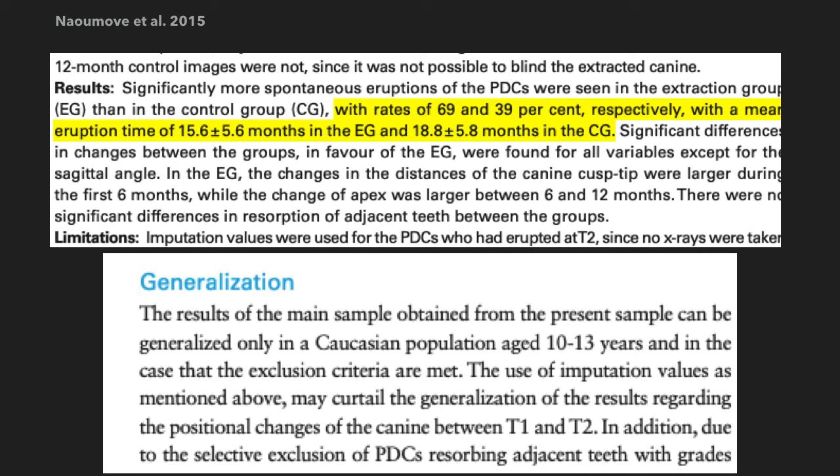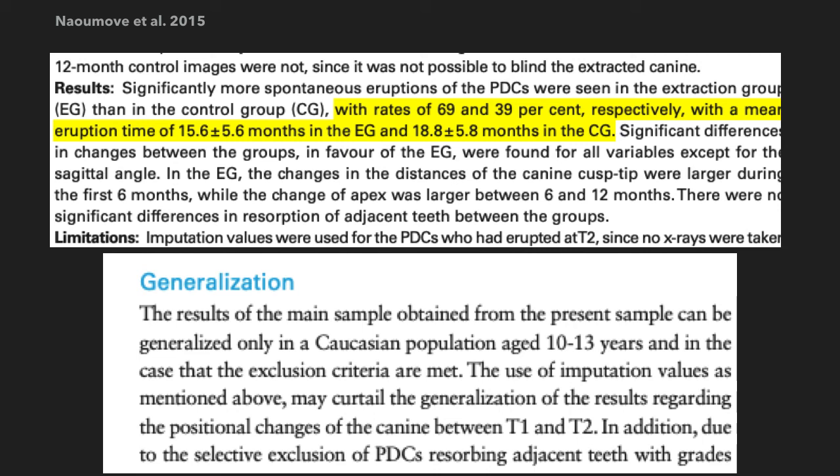In our MOVA study, we can go to the eligibility criteria and the conclusion. The mean eruption time is 15.6 plus minus 5.6 months in the extraction group and 18.5 plus minus 5.8 months in the control group.